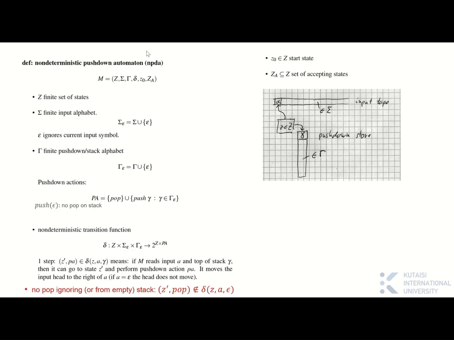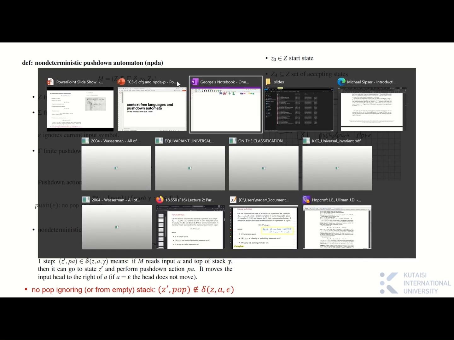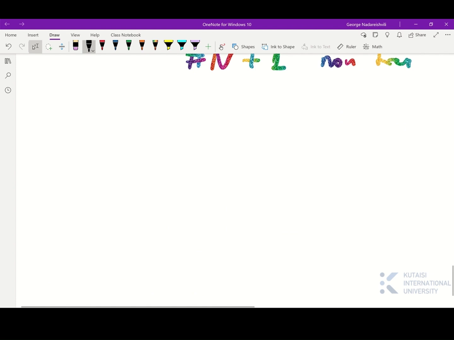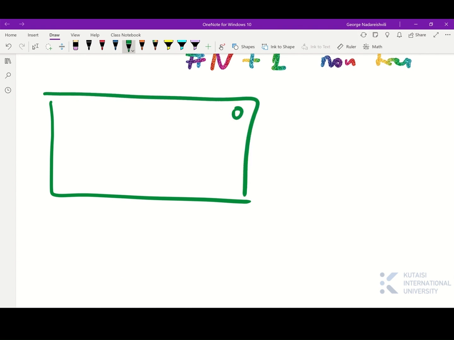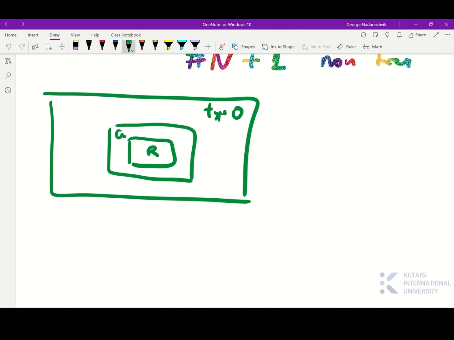So let's record again. Now maybe I go to the drawing board. Let's see what we did. We had the Chomsky hierarchy. Let's call it type 0 here. Then we had regular languages, then context-free, and I know there is something here.